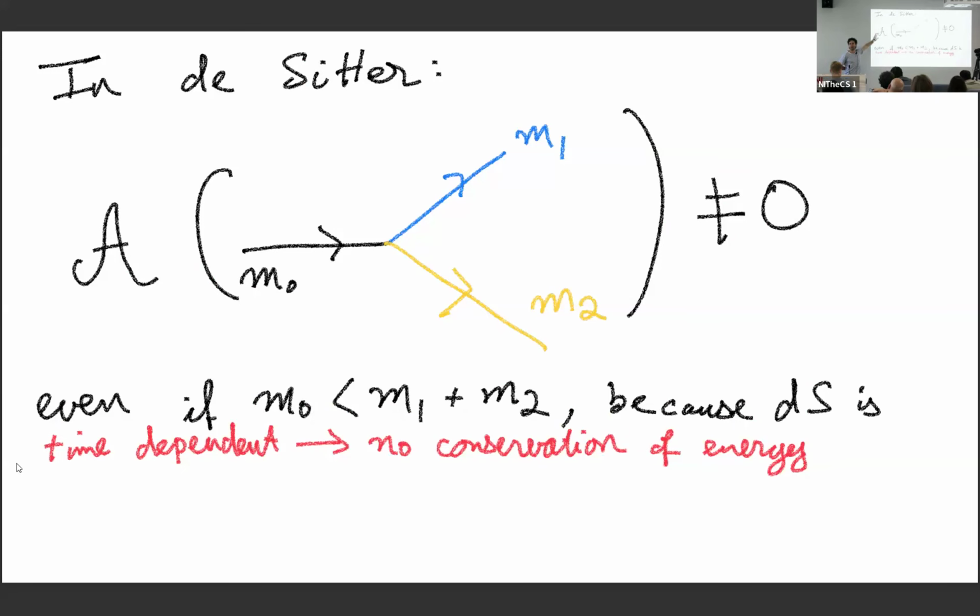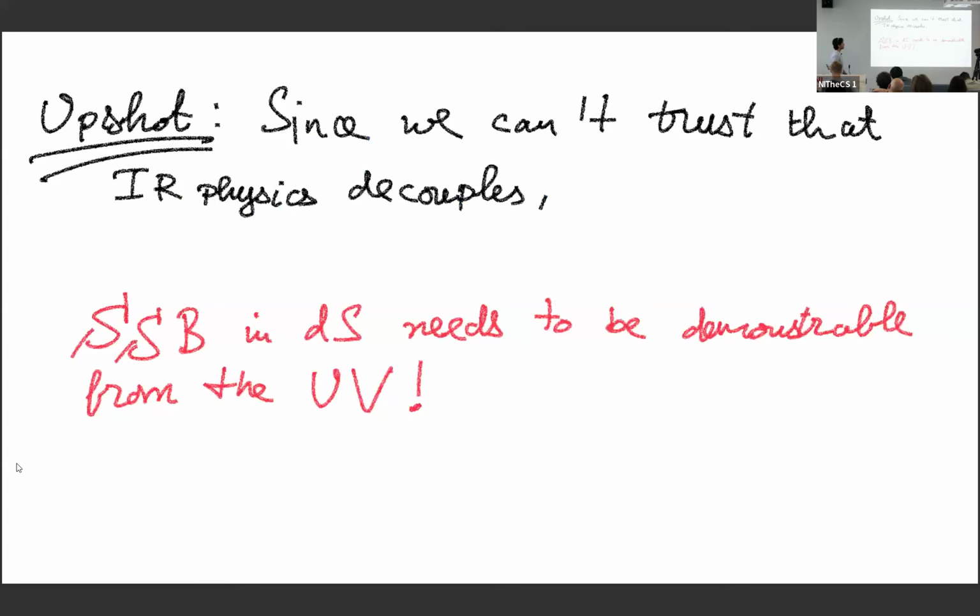Remember, we can't decouple the UV from BF. So if I'm going to prove to you that there's spontaneous symmetry breaking in de Sitter, I need to have my UV theory, and I need to prove it to you in the UV theory. I cannot make any approximations along the way, otherwise you might complain. So let's do that.